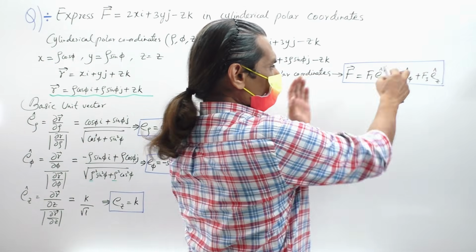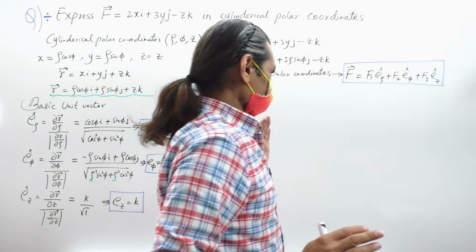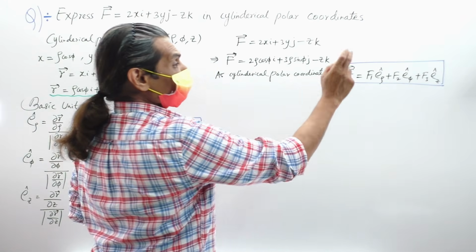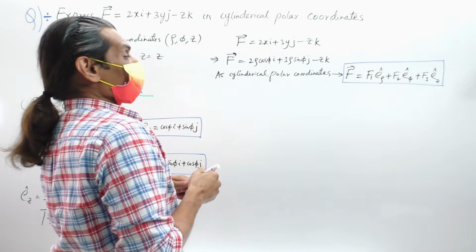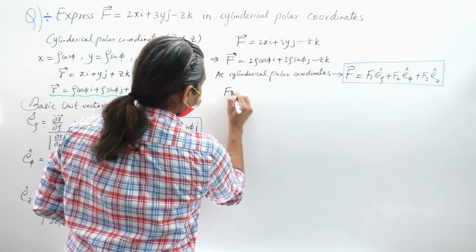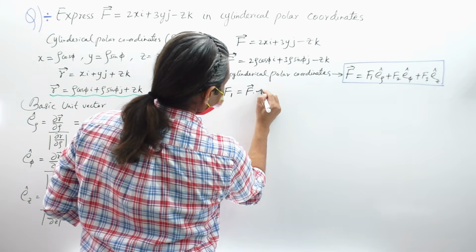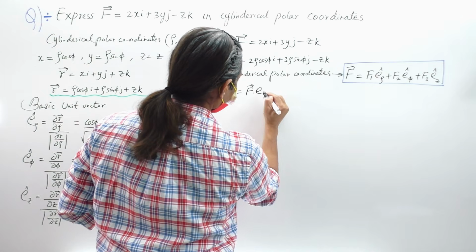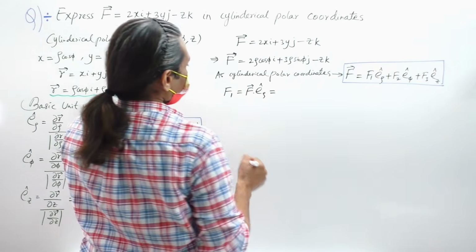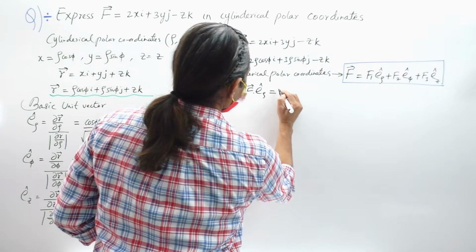So we already know E rho, E phi, Ez. We need to find F1, F2, F3. Now the formula to find F1 is F1 equals F vector dot E rho cap. That is equal to, what's that?